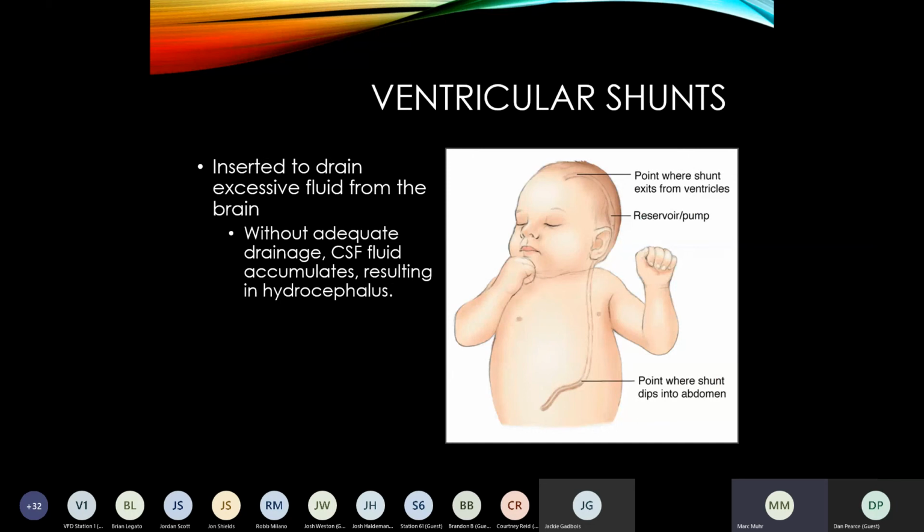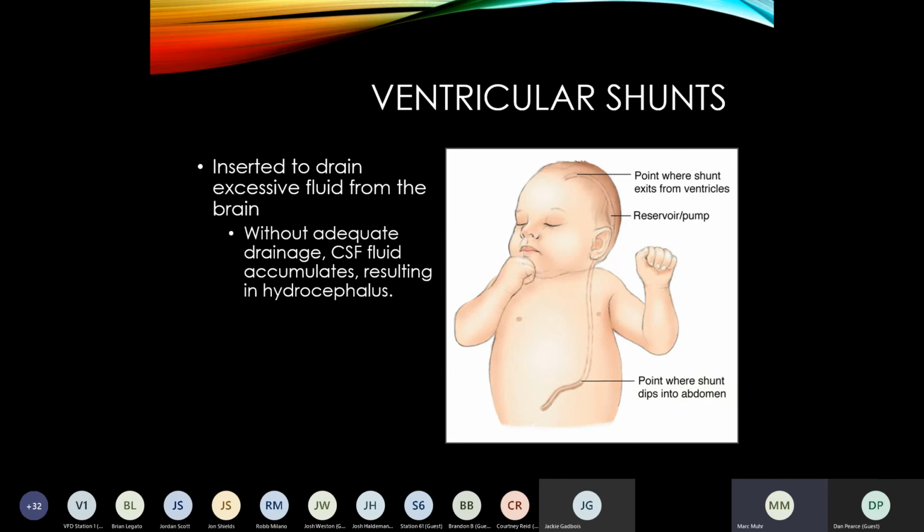Ventricular shunts are for kids that are hydrocephalic. These are placed into the ventricles of the brain. There's typically a reservoir or pump involved with this, and then the shunt oftentimes will exit the abdomen.